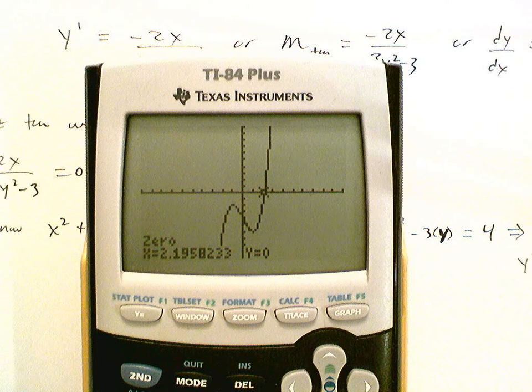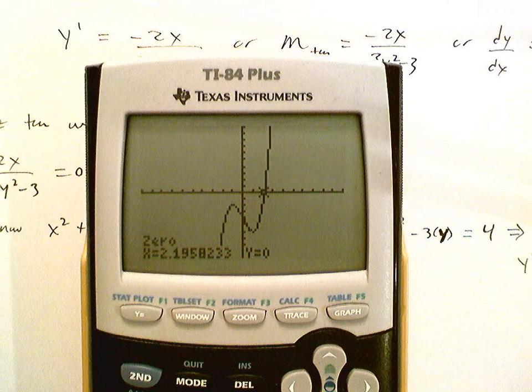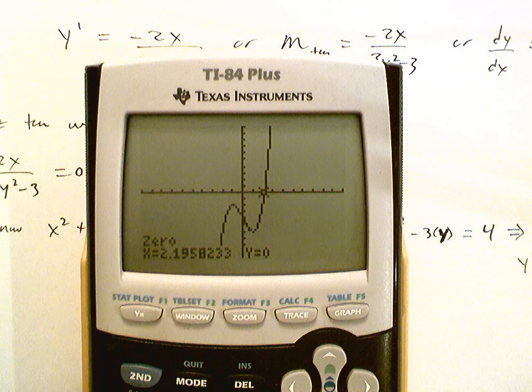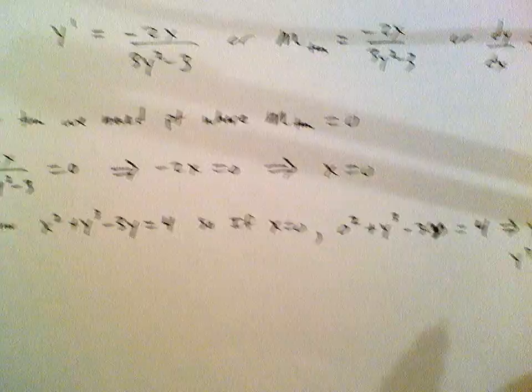Now anytime in AP Calc that you've got a round, they're never going to tell you how to round. They're not going to say round to the nearest tenth. You just have to know that you need to round to at least 4 decimal places. So I'll go 2.1958 for the y coordinate.